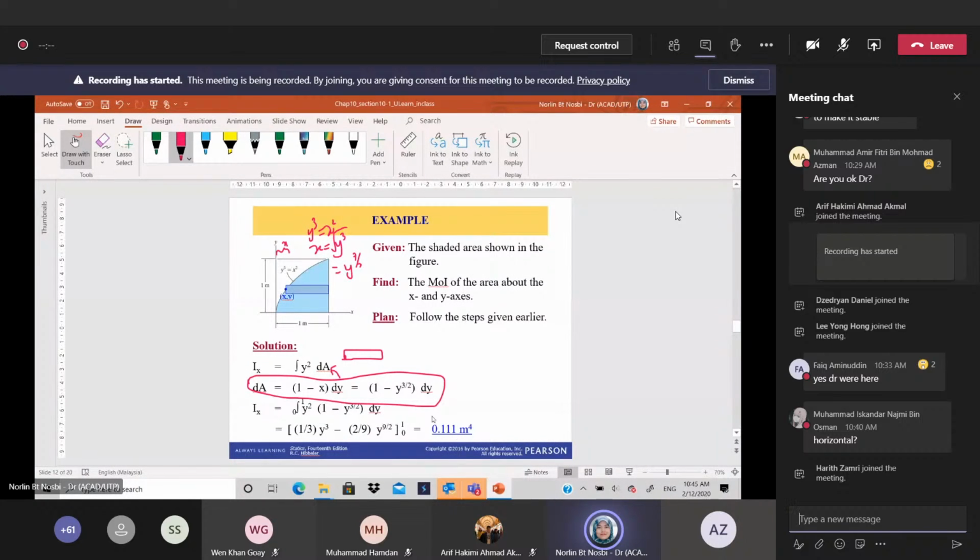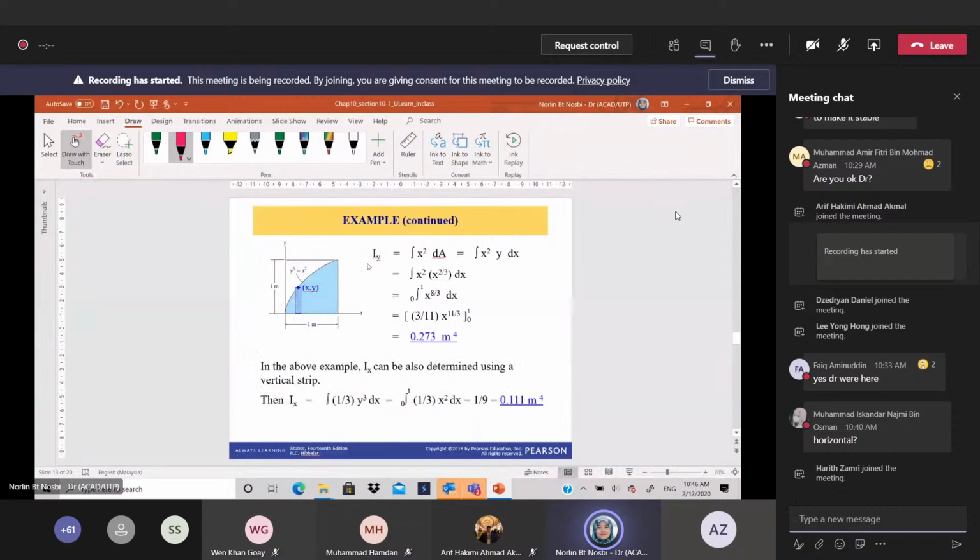Next, you want to find the moment of inertia about the y-axis. Because you chose a horizontal strip for Ix, right, for Iy it will be vertical. So the formula for Iy is the integration of x squared dA.